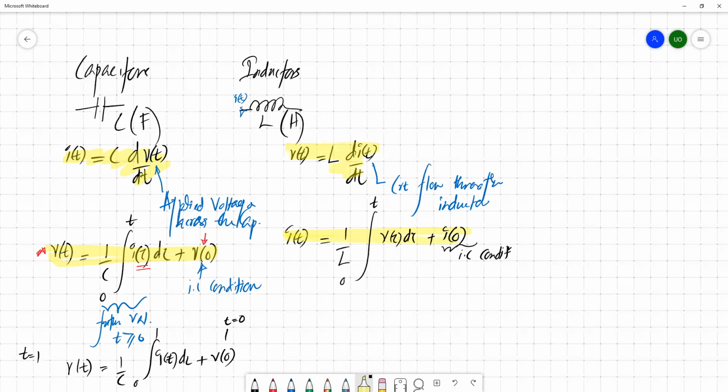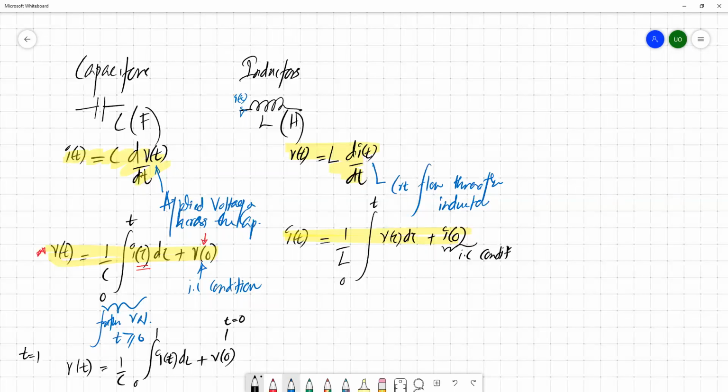So these are the important equations. This captures the past trends or the values up to t equals 0. From zero onwards, this integral captures the trend. These are the two expressions or equations which we may use to model the inductor.